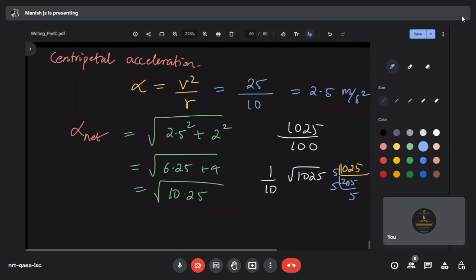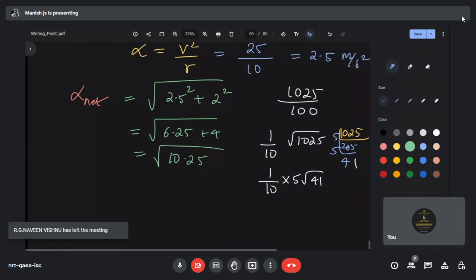Correct. அதுக்கப்புறம் 41 வருது. Yes, 41 வருது. So you can write this as 1 by 10 into 5 root 41. So root 41 by 2. So you can use the appropriate log calculations and then do it. 41 whole to the power 1 by 2.